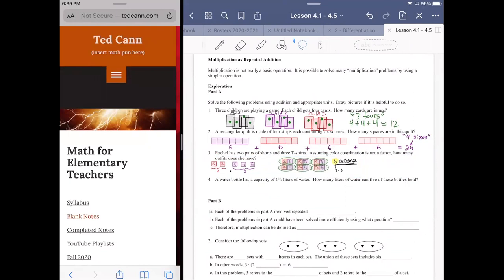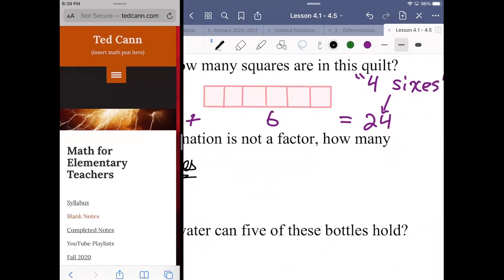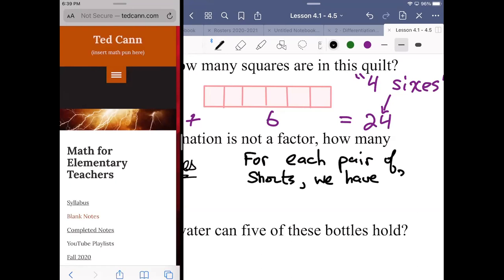But in a verbal sense, what we could say is, for each pair of shorts, we have 3 options for a t-shirt. And since there are 2 pairs of shorts, 2 times 3 would be equal to 6.